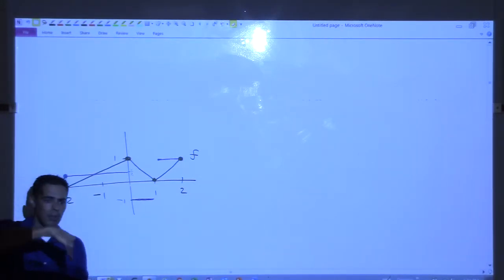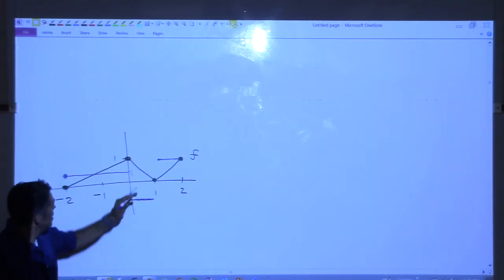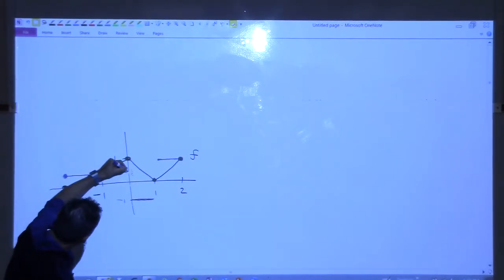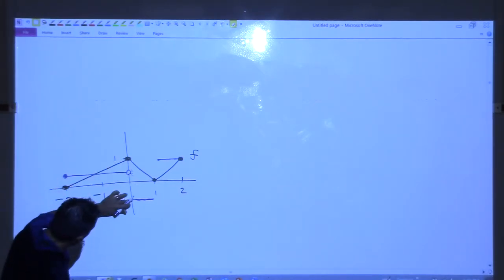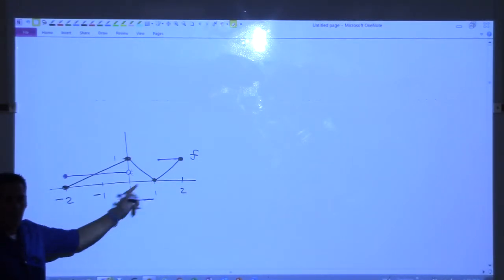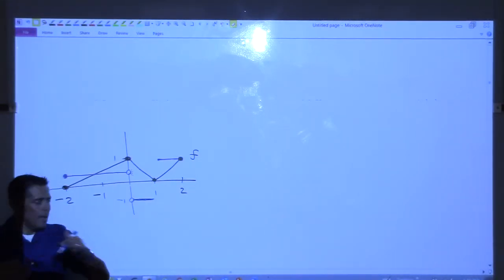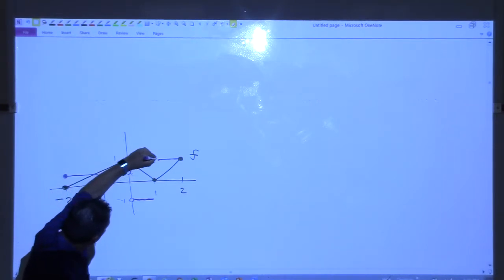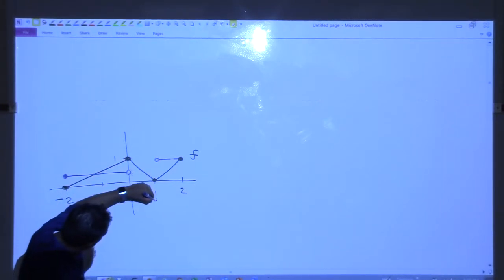It's not like a parabola. It's not rounded over. So we're going to put an open circle here, and here an open circle. What about at 1? Same thing, right? We have this corner. And because we have a corner, we're going to have open circle here, open circle here.